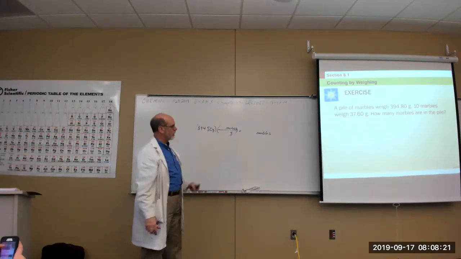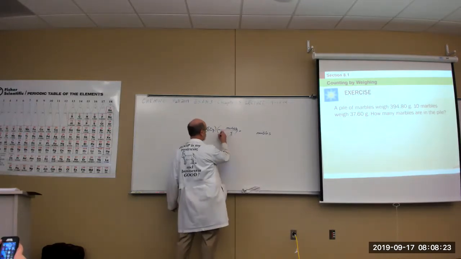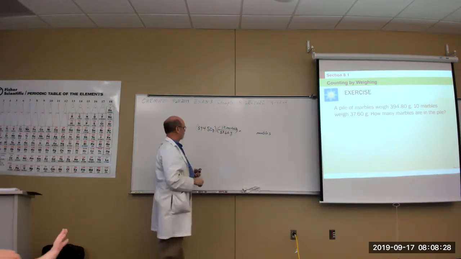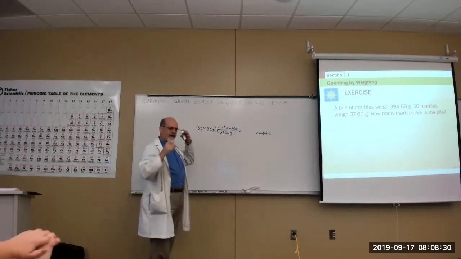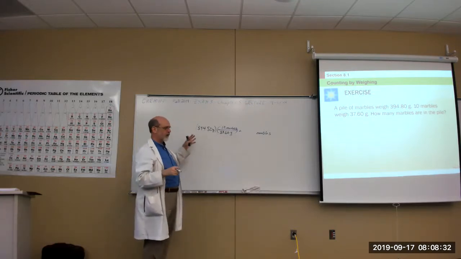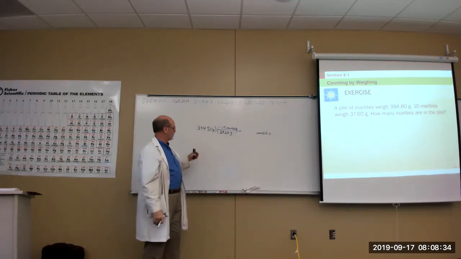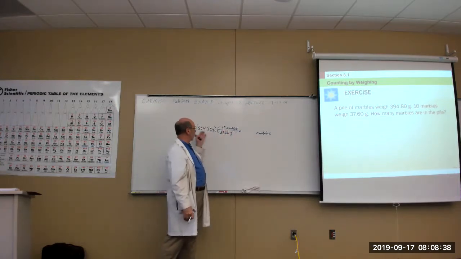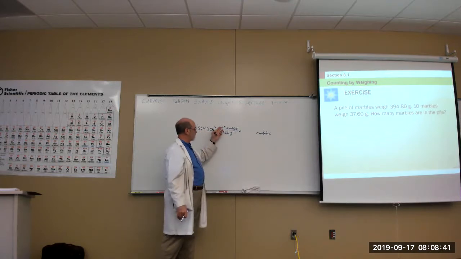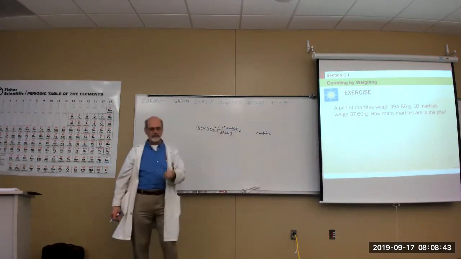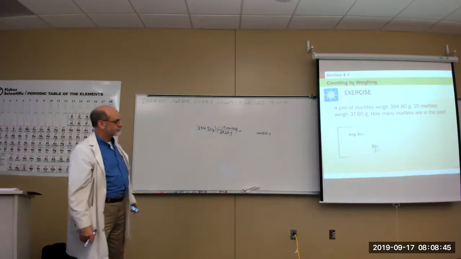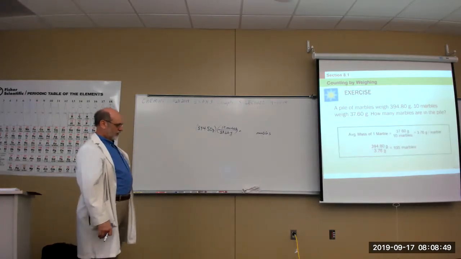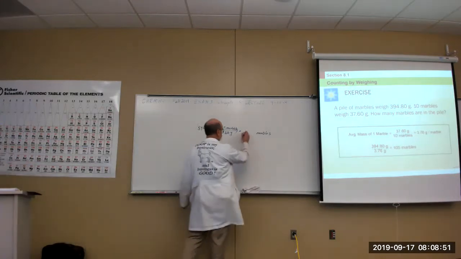And we're told 10 marbles weigh 3760. So now we've done the thinking already. That's the thinking part. The rest is number crunching. Once you know that this conversion factor will cancel the grams and leave you with marbles, then you just divide that into this times 10 for marbles. And that's what it looks like mathematically.